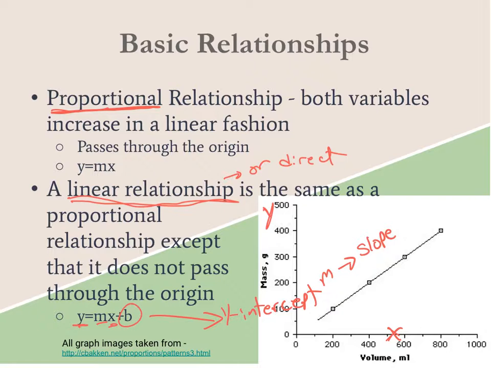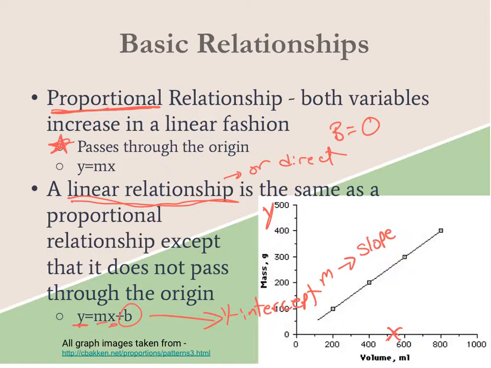It simply is one that passes through the origin. So what that means is that the b value, the y-intercept value, equals 0. And so the general form of that is just y equals mx. Subtly different, but they are two different relationships, and we'll see how that comes into play as the year goes on.